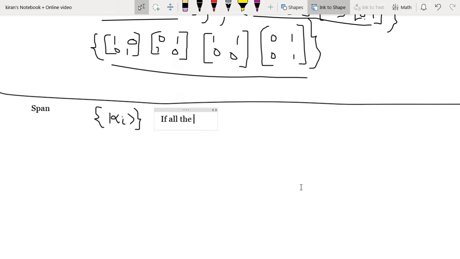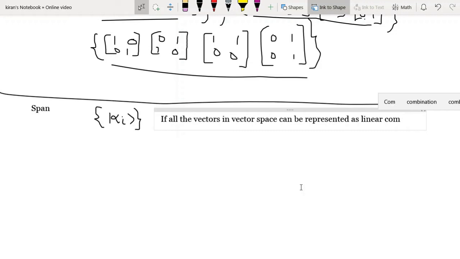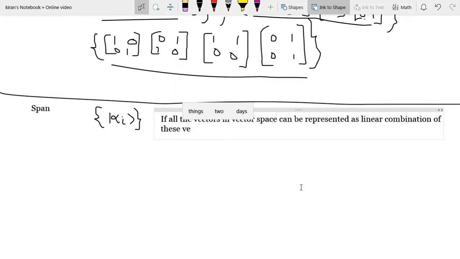If all the vectors in a vector space can be represented as linear combinations of these vectors, then this set of vectors is said to span the vector space.